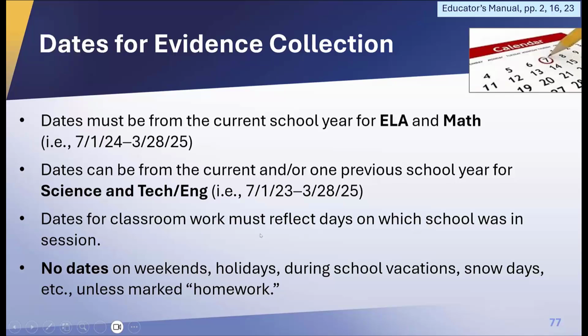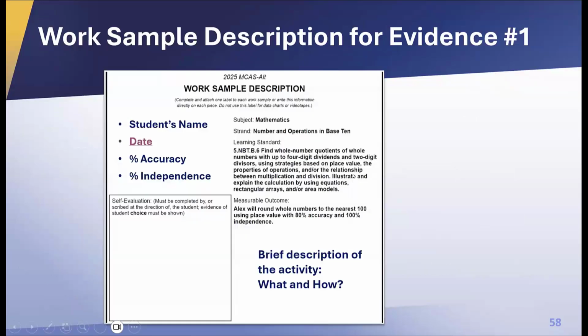However, if you're working with a student in grade 7, you could start now to collect it. You want to make sure that the dates for the classroom work is the same as when your school was in session. So no holidays or weekends or school vacations, snow days, that kind of thing. Okay, we'll go back. Thank you.